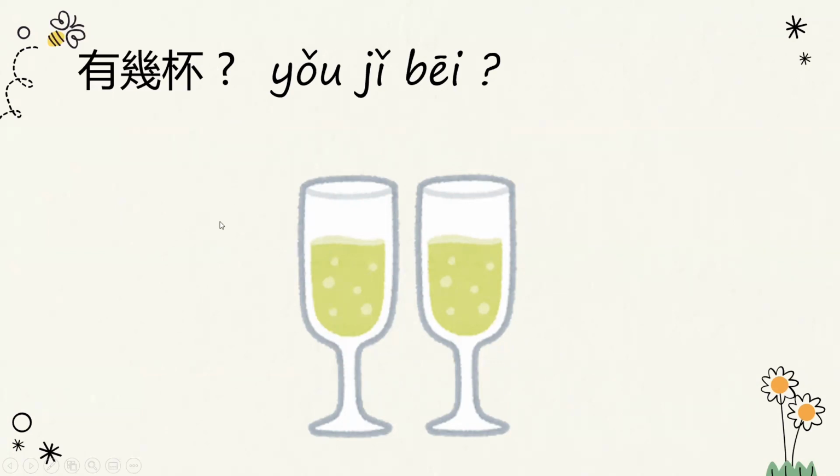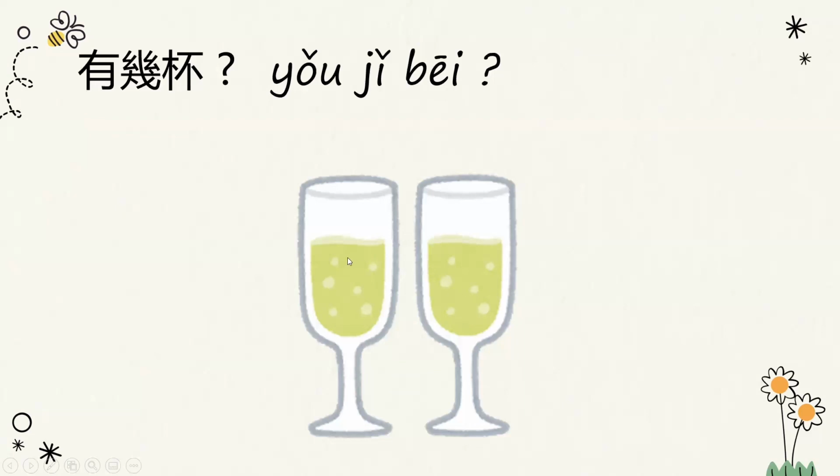It doesn't matter what is inside the glass, right? So in this case, the noun can be omitted. But the measure word we still have to keep, because we want to ask how many cups, how many glasses. So you cannot omit the measure word, but the noun can be omitted.